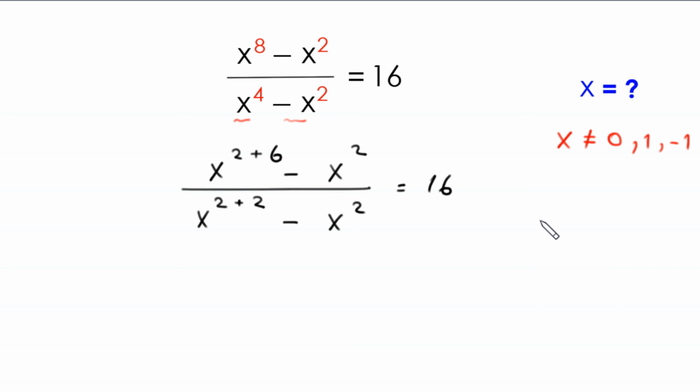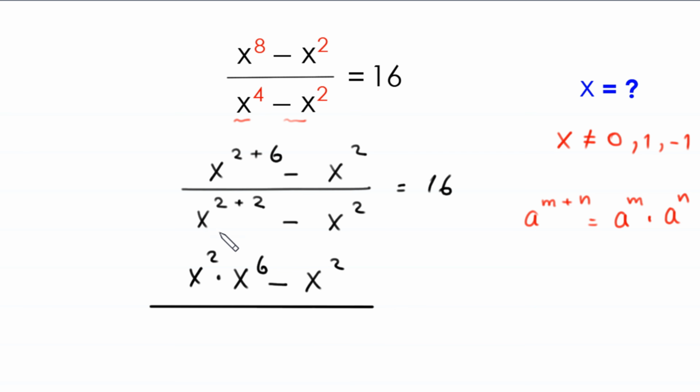By using the power rule, a to the power m plus n equals a to the power m times a to the power n, this x to the power 2 plus 6 will become x squared times x to the power 6 minus x squared, divided by this x to the power 2 plus 2, which will become x squared times x squared minus x squared, equal to 16.